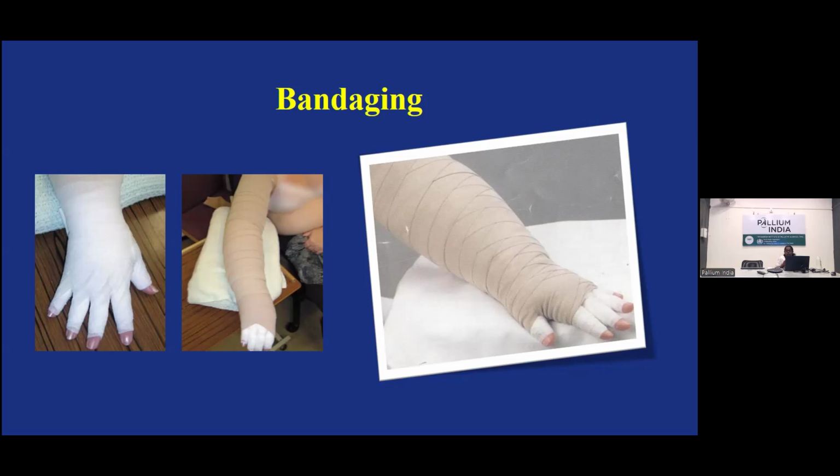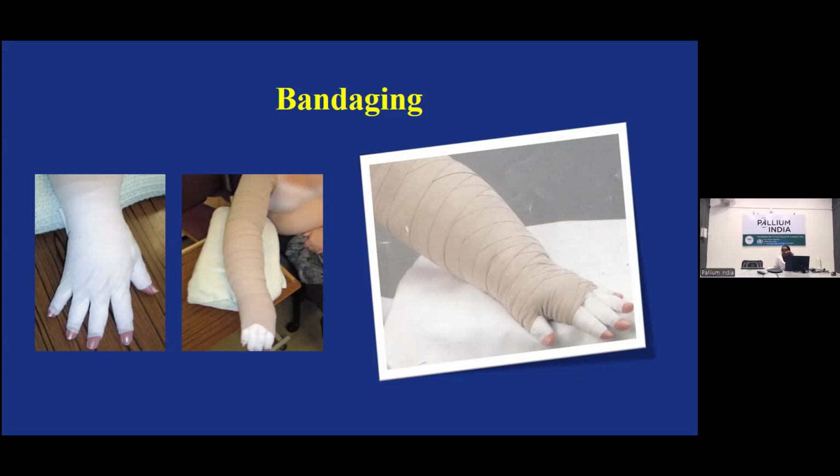So when the edema reduces, that will constrict the tissues. The pressure will be more in the tissues, and the underlying tissues may not get adequate blood supply. So if they are using stockings, they have to remove them at night.